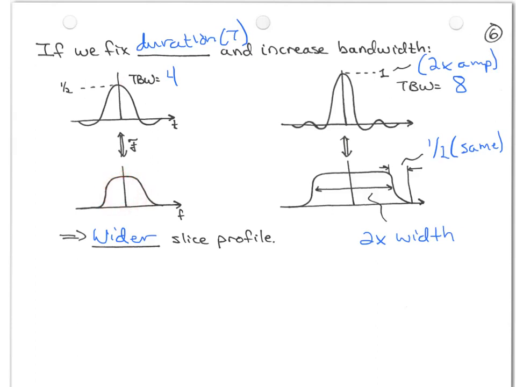It's the DC component of the pulse, while the integral of this slice profile is going to be twice as big, because it has 2 times the width, so there's 2 times the area underneath the slice profile. And so it makes sense that the DC value of the RF pulse should be double that of the time bandwidth 4 pulse.